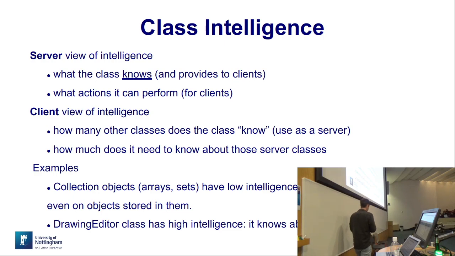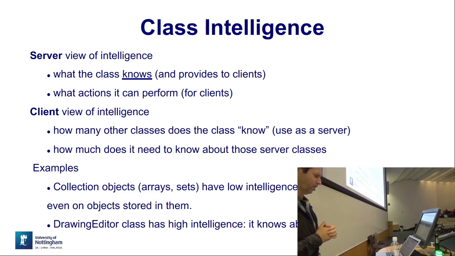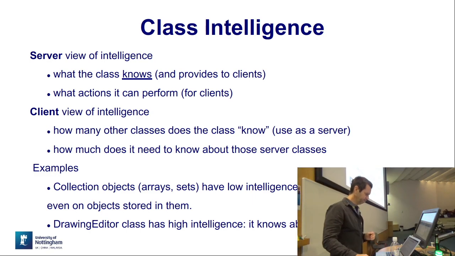The main class is going to initialize the GUI, it's going to initialize the storage, if the storage is in files or if it's over a network, it's going to initialize the display, it's going to initialize the drawing area, it might render things onto the drawing area. So it's going to have a lot of intelligence, and that intelligence can be managed with subsystems, which is what we're going to talk about later.